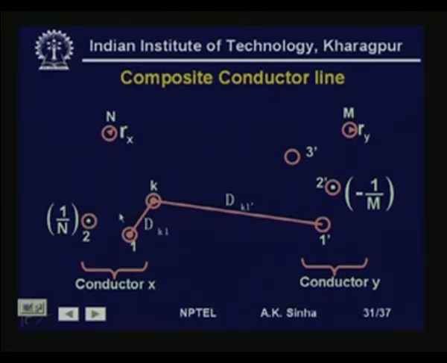So, if the current is I, each conductor is carrying I by n. Similarly, conductor Y consists of a total of m subconductors, each with a radius r y, carrying 1 by m part of the total current. So, if the current flowing is I, then the return conductor will have current I by m in each of these subconductors.